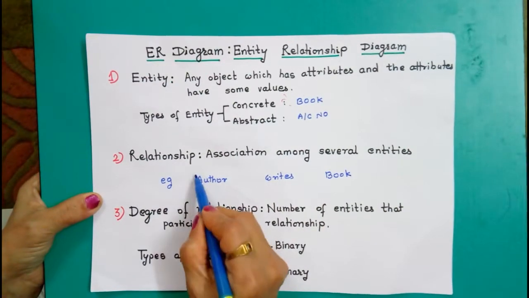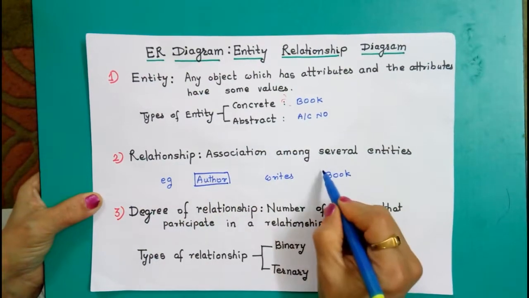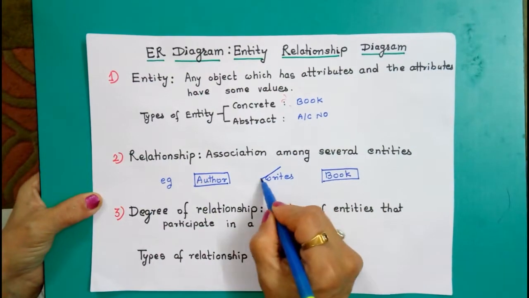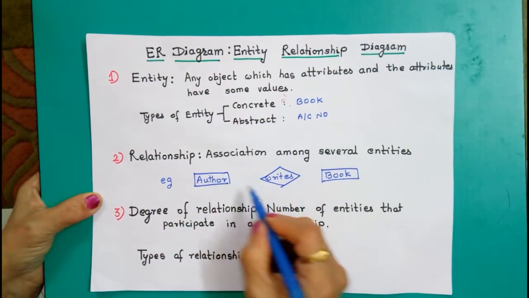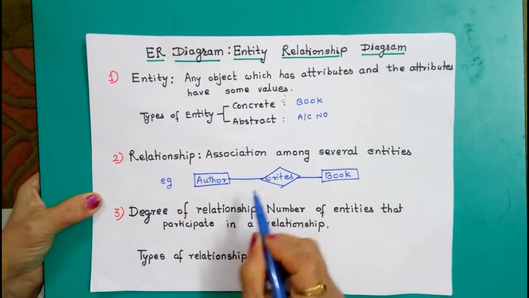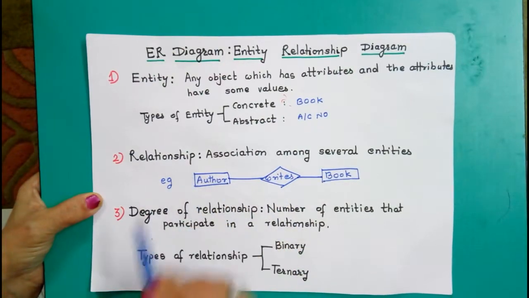In this example, author is an entity, book is another entity, writes is the relationship between these two entities. This is known as relationship. Writes is known as relationship.